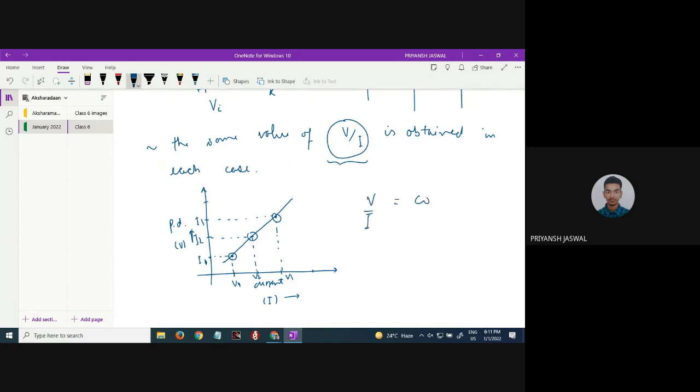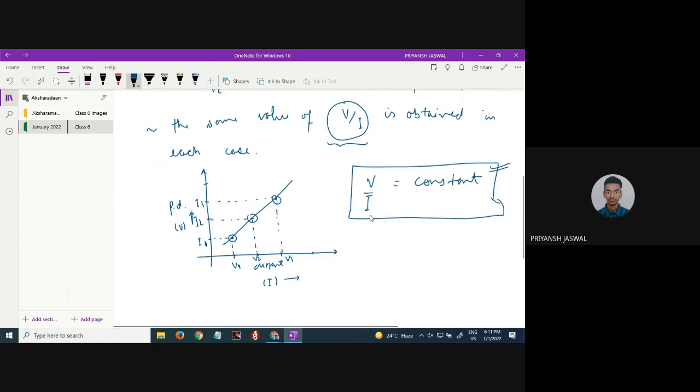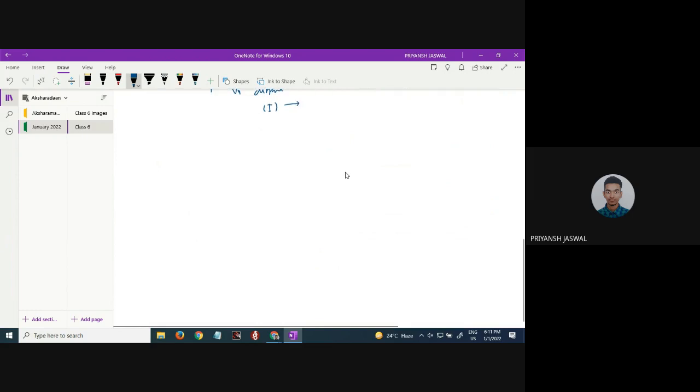Approximately the same means that V by I does not change when we change the potential difference, which leads to a change in the current through the circuit. So this was the observation.